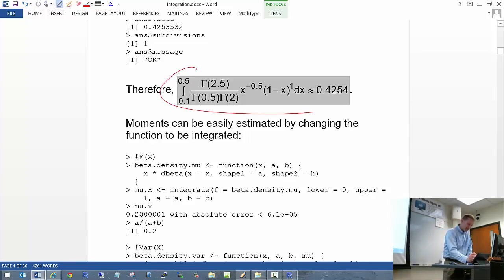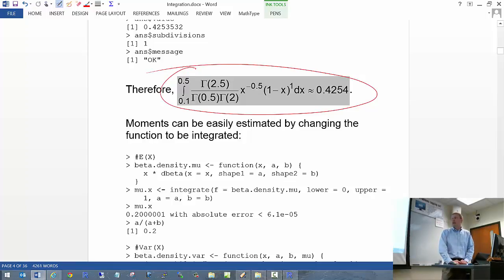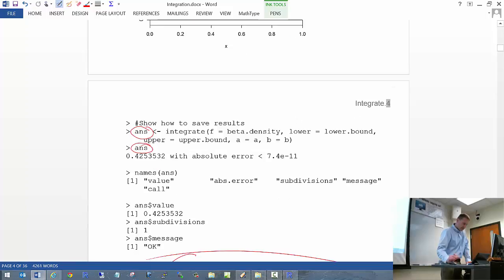This is what we were actually doing for the integration. Well, what about moments? It's not as simple as saying, if I wanted to find the mean, x times beta.density. I can't say that.